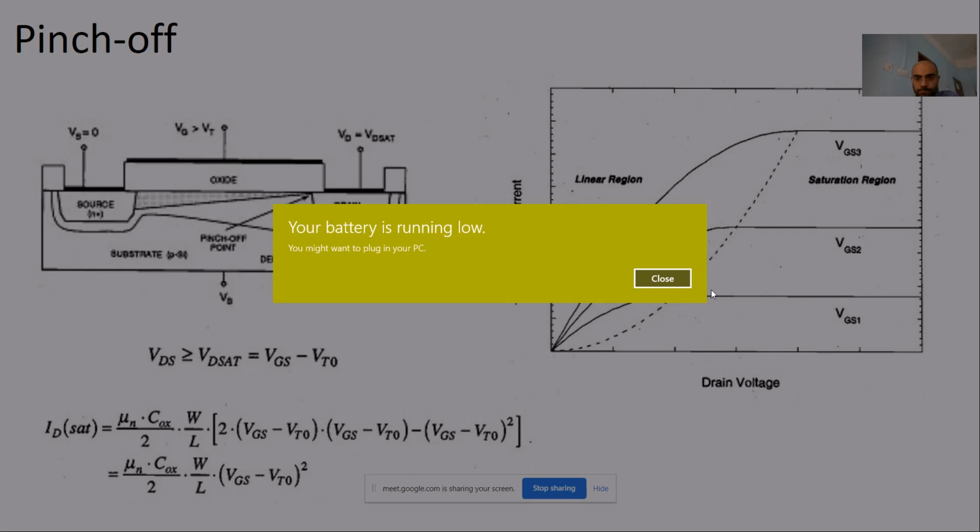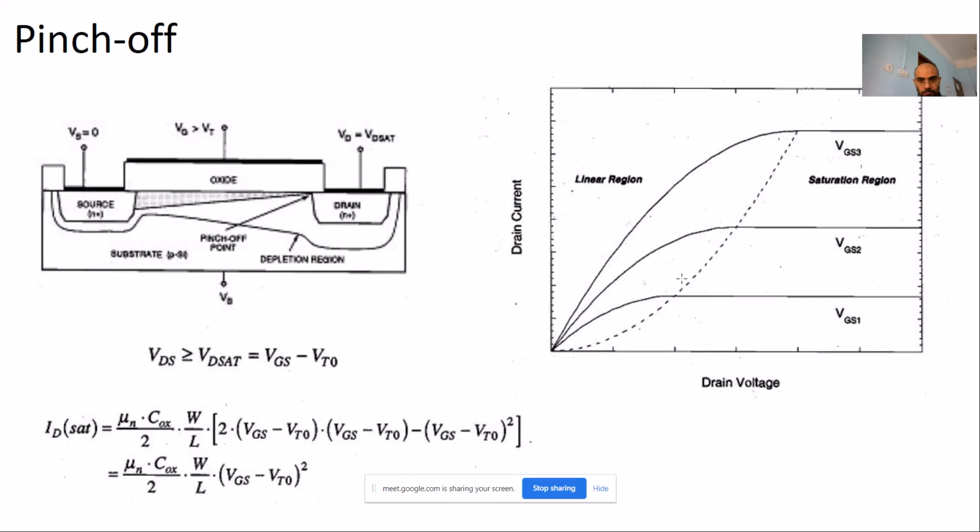Just wait a minute. I'll bring my charger adapter. Just wait a minute.